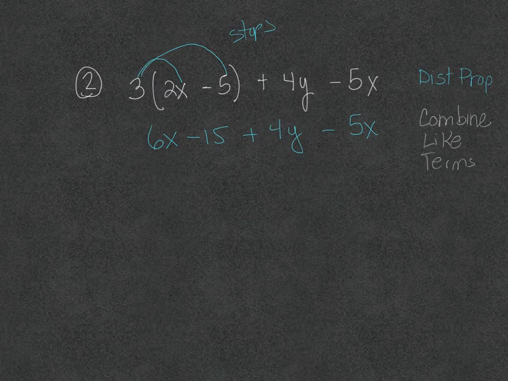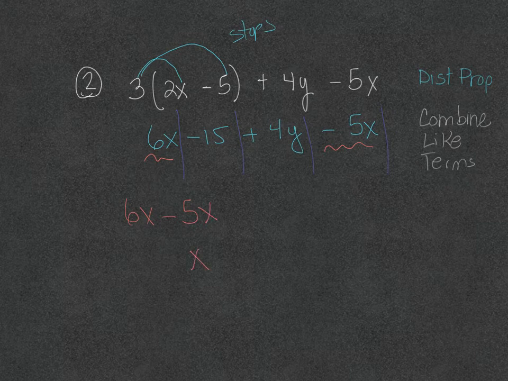Now the next thing that I'm going to focus on is combining the like terms. What I notice is that there are 4 different terms here. You can use whatever strategy worked for you; we reviewed those briefly in the last problem. We have a 6x, a negative 15, a 4y, and a negative 5x. I'm going to start by combining those x terms, a positive 6x and a negative 5x, and that will leave me with 1x.